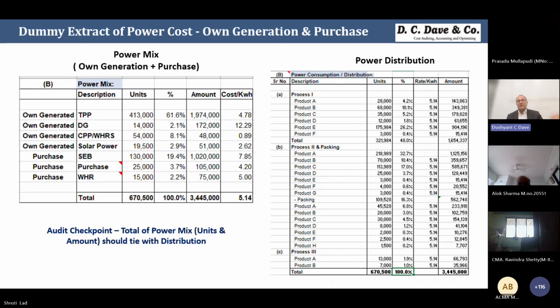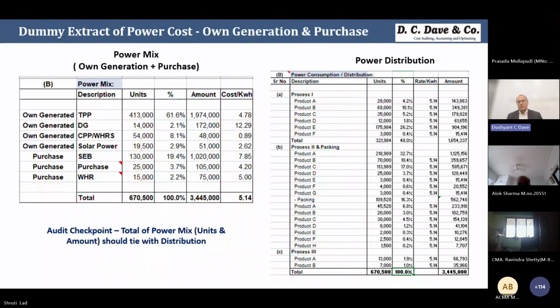So whatever you're showing in one generation, it should have been already distributed to the product. So this means that total power units generated and purchased is equal to total power units consumed. And total power cost is equal to total power cost allocated. So nothing should remain idle. In other words, both the units and the value should match exactly.